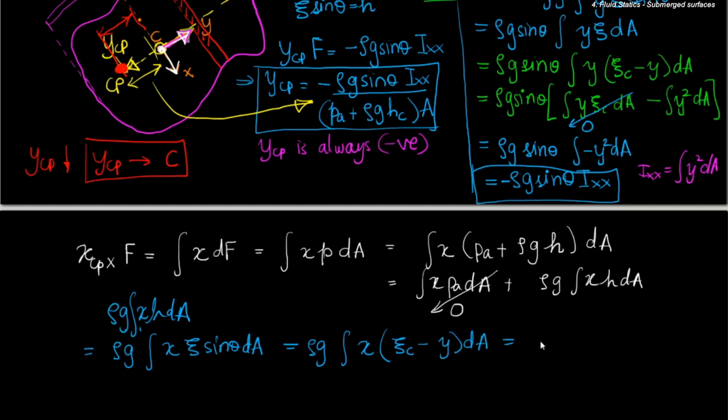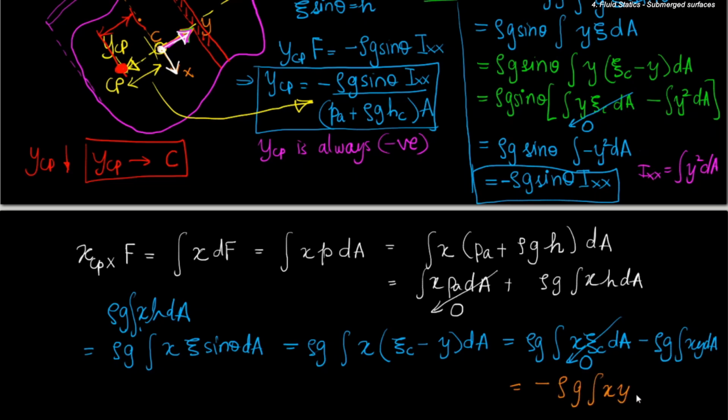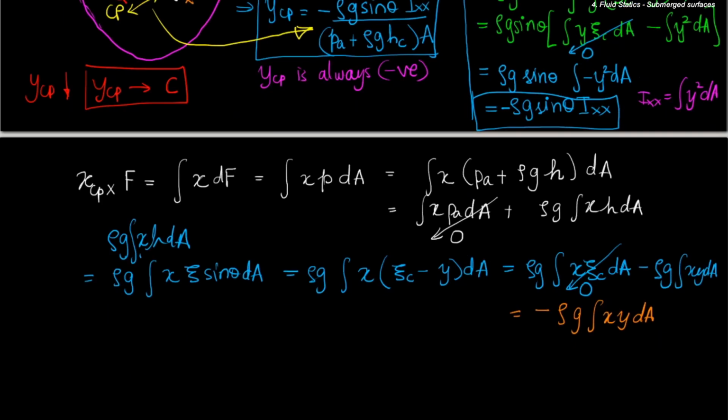This is equal to rho g integral X xi centroid dA minus rho g integral xy dA. Now xi centroid comes out of the integral, and this becomes 0 by definition of the centroid, and this effectively becomes minus rho g integral xy dA.